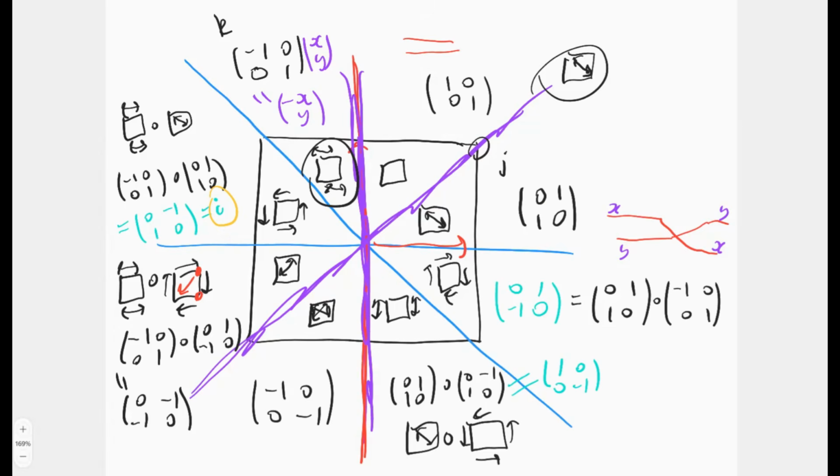If we apply it to an input x, y, we get an output of minus x, y.